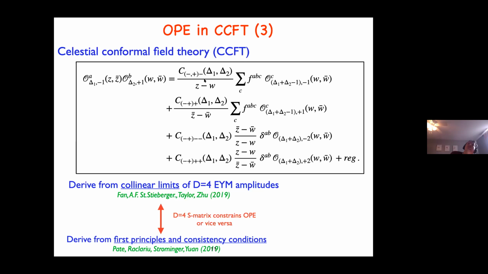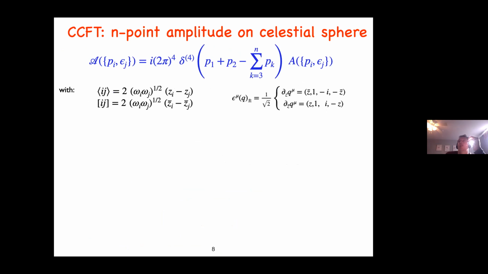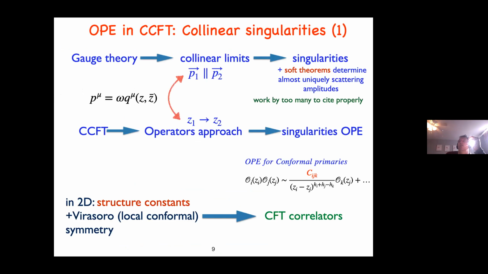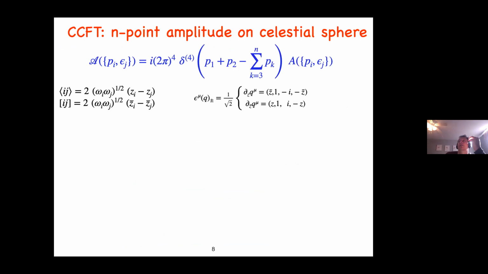And they were able to determine this thing here. So now if you know that this is an Euler beta function, you can probably run backwards, I'm guessing, and figure out what these collinear singularities look like.